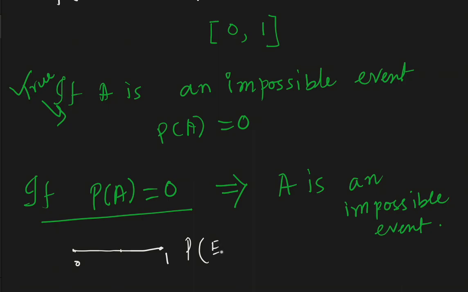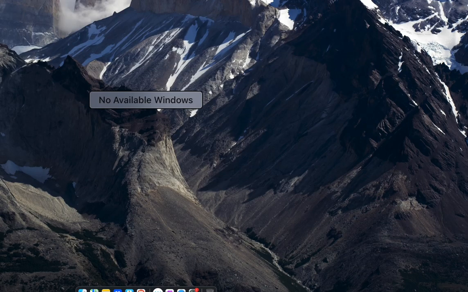Suppose a particular point e1. The probability of choosing e1 is 0, but this does not imply that e1 will not happen. So e1 is not an impossible event, e1 is a possible event. So P of e1 being 0 does not imply that e1 is an impossible event.